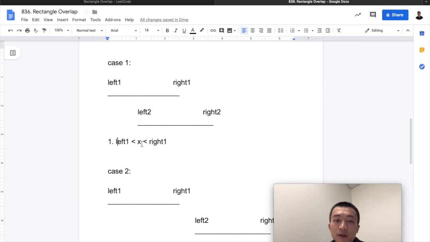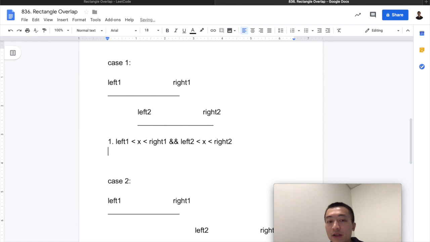This is one. There must exist one point x, which is somewhere here. Every point in this space will meet this condition, and the same is also true for left 2 and right 2. This is very implicit, right? There must be such a case.